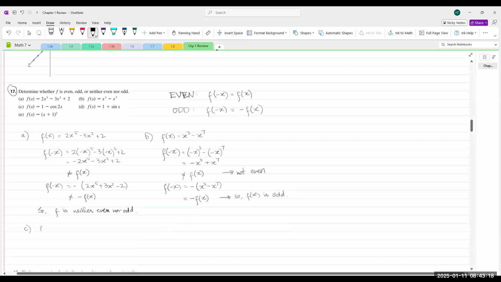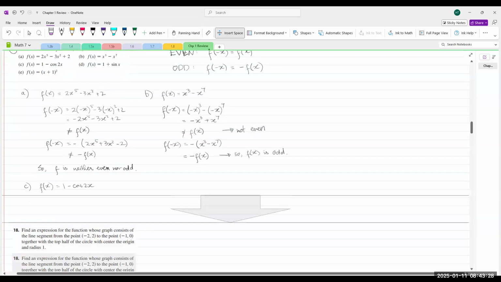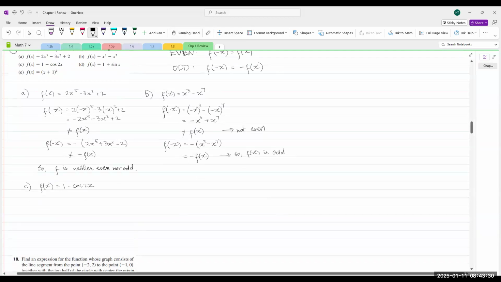Part C. How about f(x) equals 1 minus cosine 2x? Now we know cosine is an even function. So f(negative x) equals 1 minus cosine of 2 times negative x. That's 1 minus cosine of negative 2x.